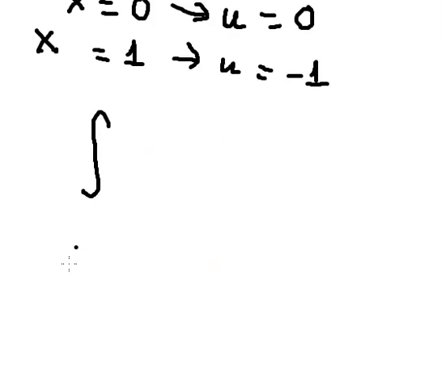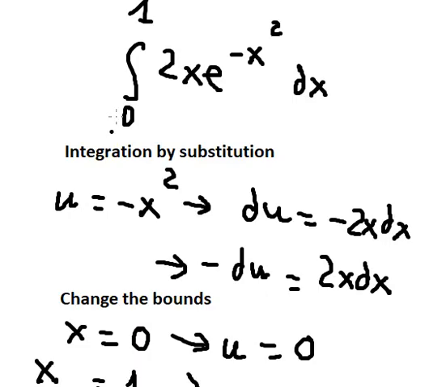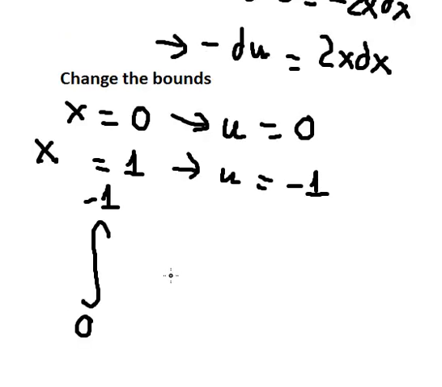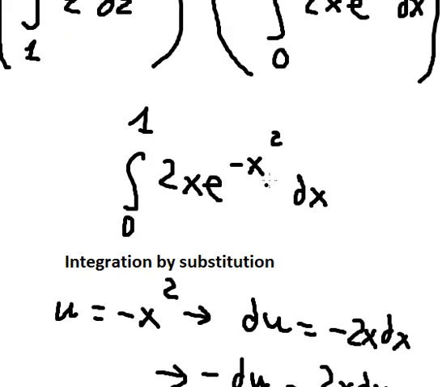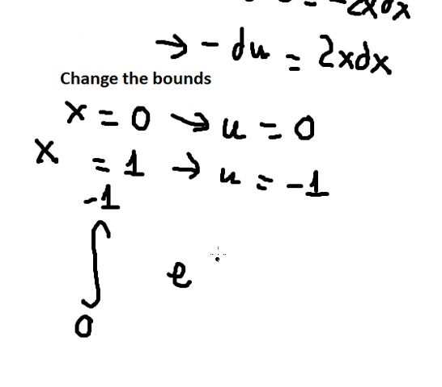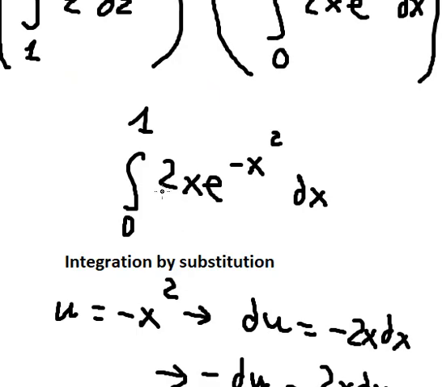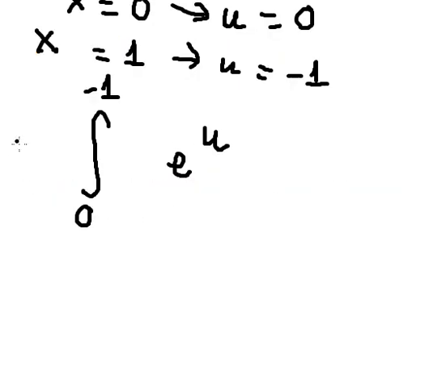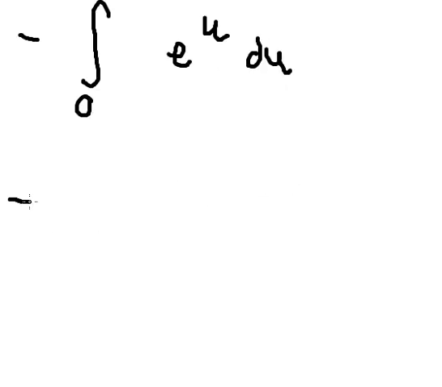Number 0, we keep the same. Number 1, we change to negative number 1. Negative s squared we change to u. 2s ds we change to negative du. The integration of this one we have like this.